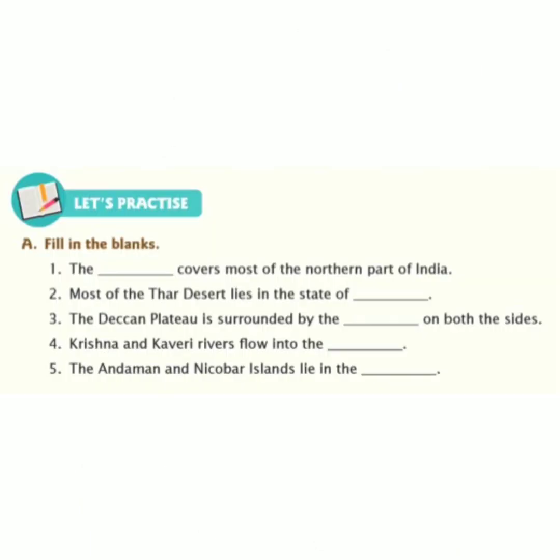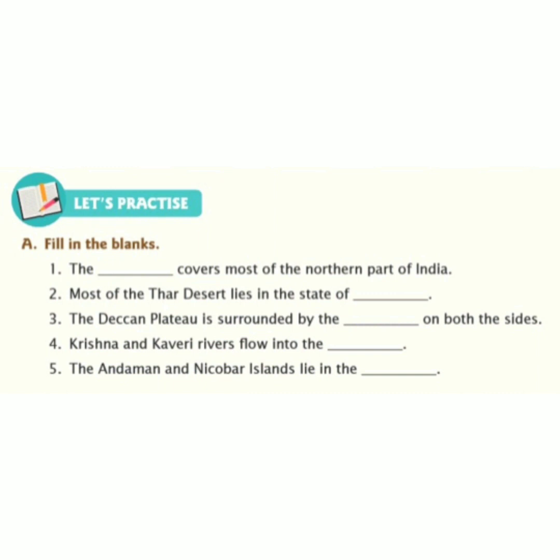Now, let's practice. Fill in the blanks. The dash covers most of the northern part of India. Second, most of the Thar Desert lies in the state of dash. Third, the Deccan Plateau is surrounded by the dash on both the sides.